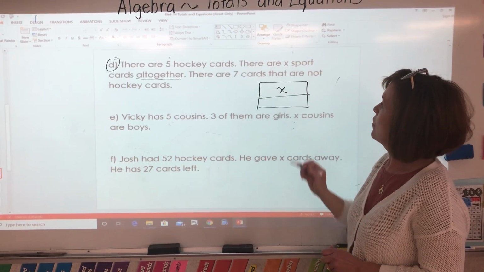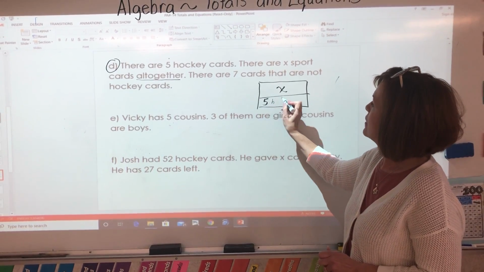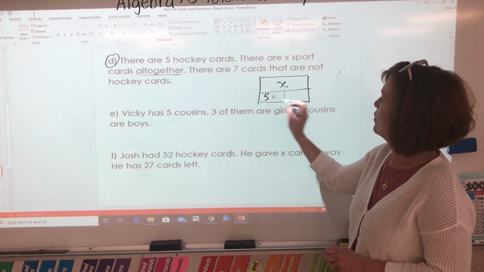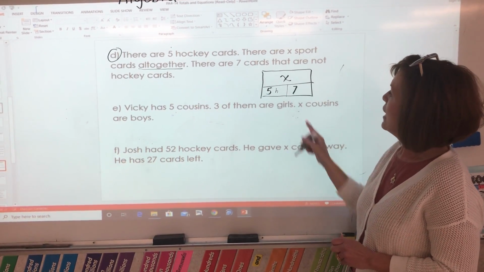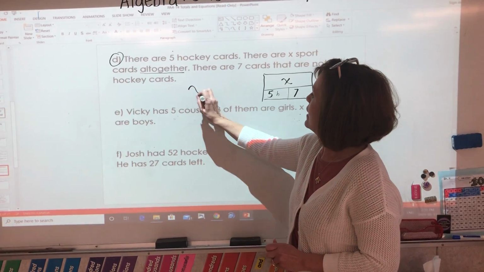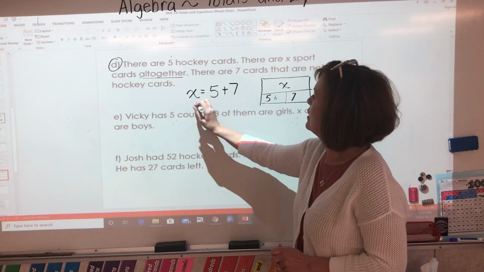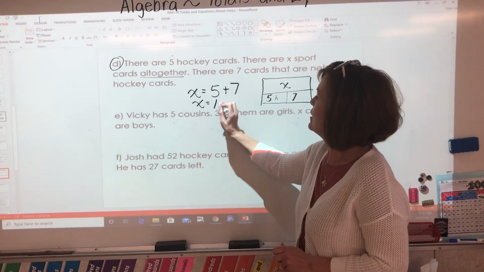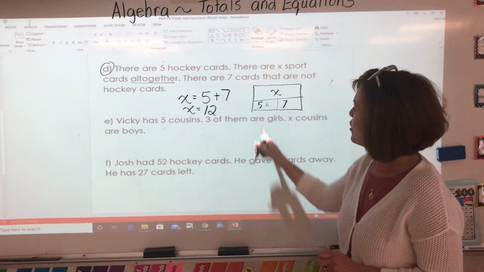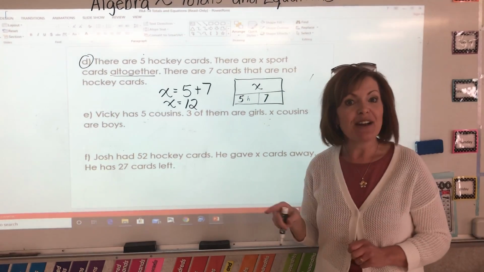I don't know how many there are all together. I know there's 5 that are hockey cards, and I know that there's 7 that are not hockey cards. How many cards are there all together? I need to add X equals 5 plus 7, and you know that 5 plus 7 equals 12. So you've just solved it. You could have done it in your head, but this is showing you how to use algebra.